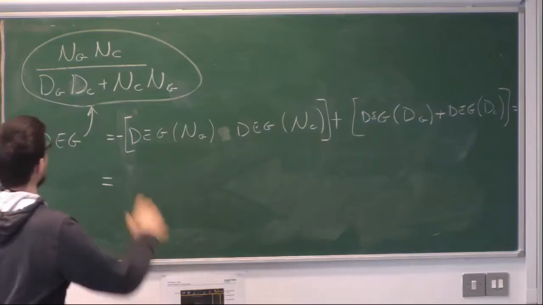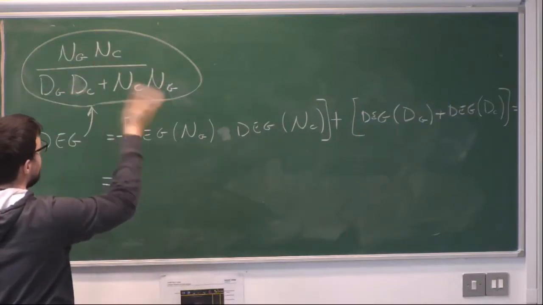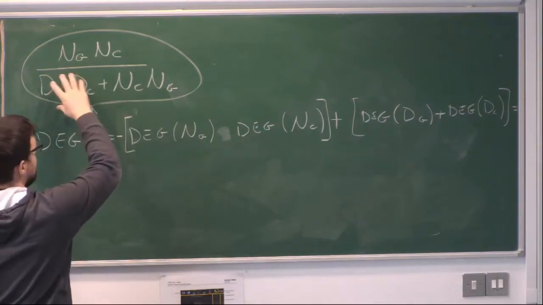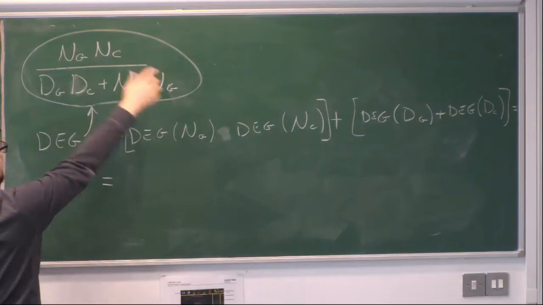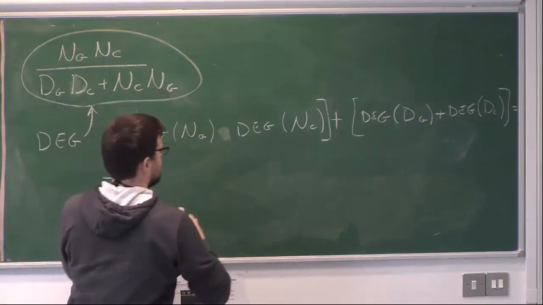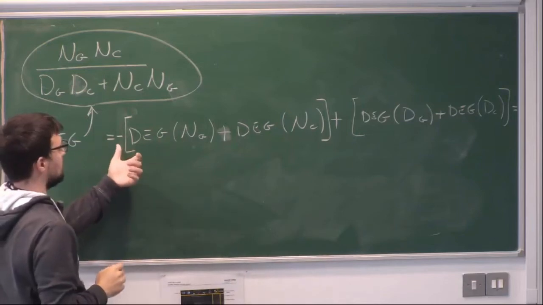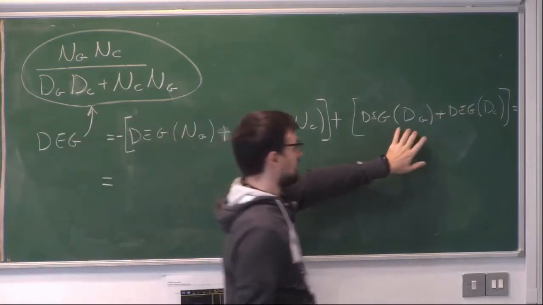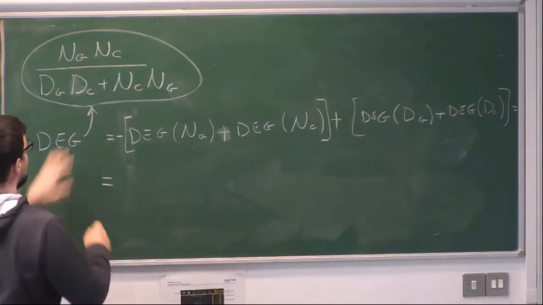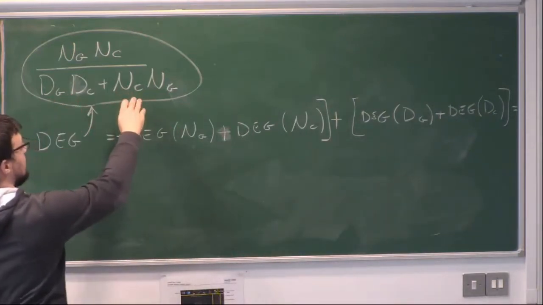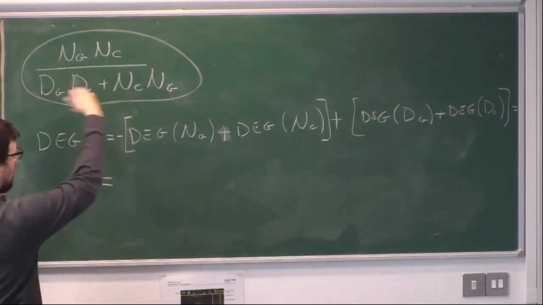So if we want to compute the degree of the transfer function, then this degree will be the difference between the degree of the denominator and the degree of the numerator. The degree of the numerator is this plus this, okay? So we subtract this from the degree of the denominator of g plus the degree of the denominator of c, so dc. And the reason is that this degree will be less than or equal to the degree of this, and so we will not actually change the degree of the denominator.